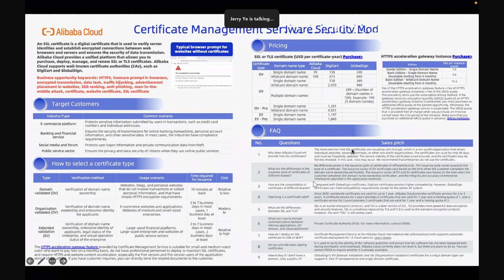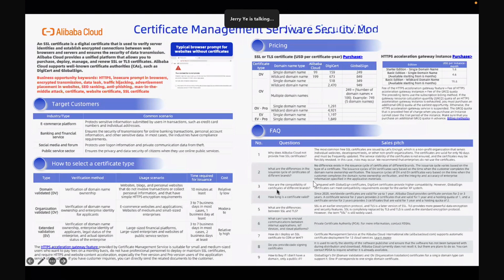The most common free certificates are issued by Let's Encrypt, which is a non-profit organization. And okay, what are the differences in the issuance cycle of certificates of different brands? Actually, no difference exists in the issuance cycle of the different brands.